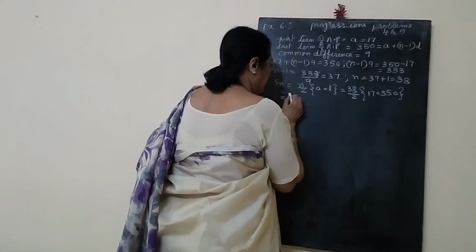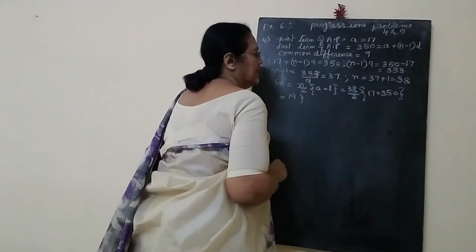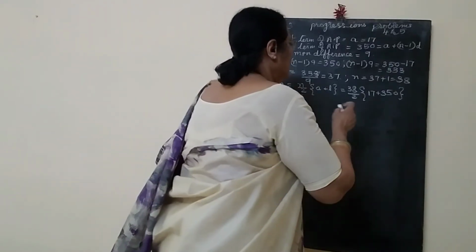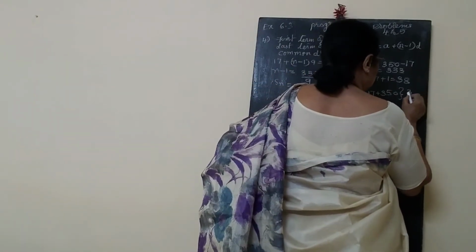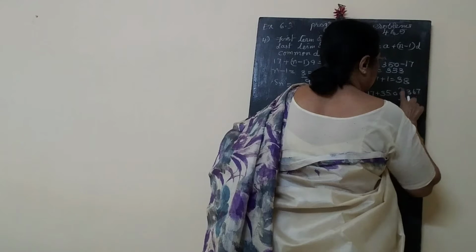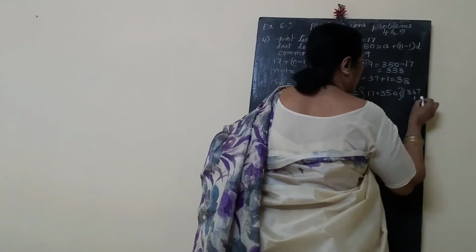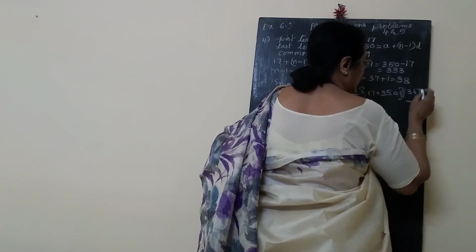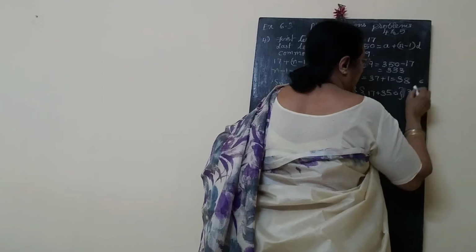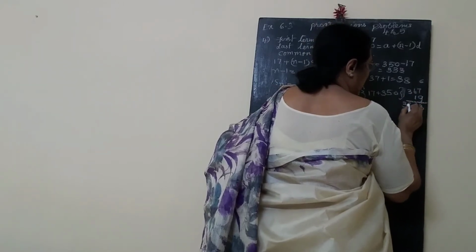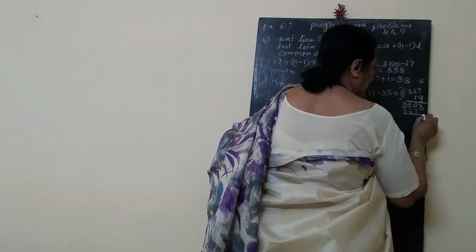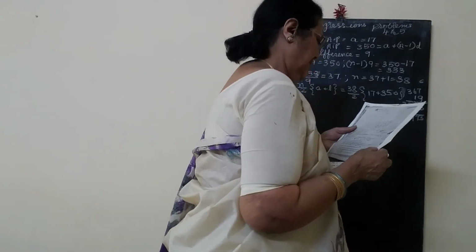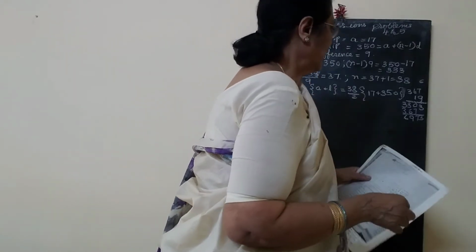That is equal to 19 into 350 plus 17, 367. 367 into 19 is 6973.